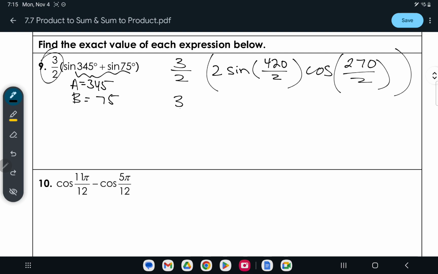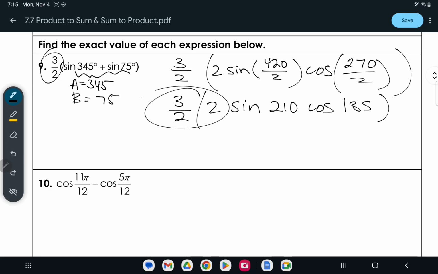All right, let's clean this up a little bit here. 420 divided by 2 is 210, and 270 divided by 2 is 135. So now I can combine these. The 2 and 2 will cancel out, so I'm left with 3.